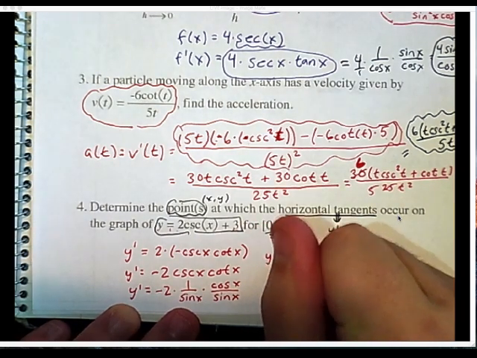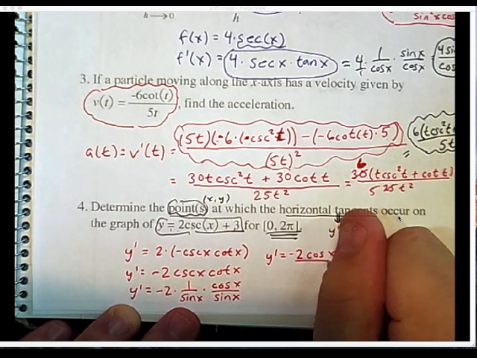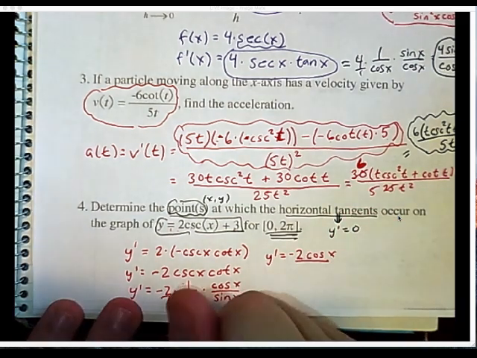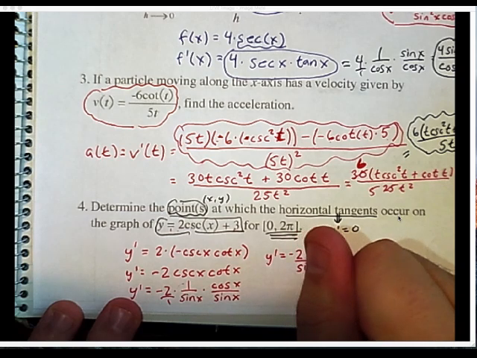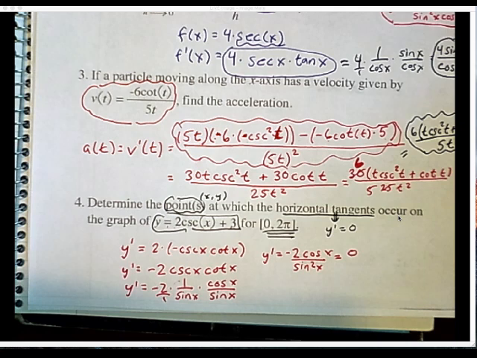So y prime equals negative 2 cosine of x over sine squared of x. I want to figure out where that equals 0.